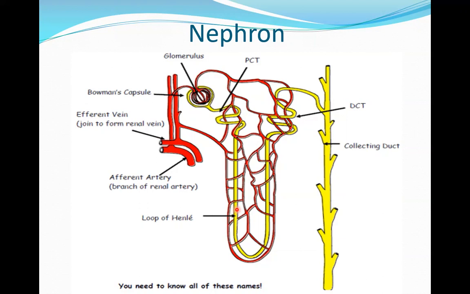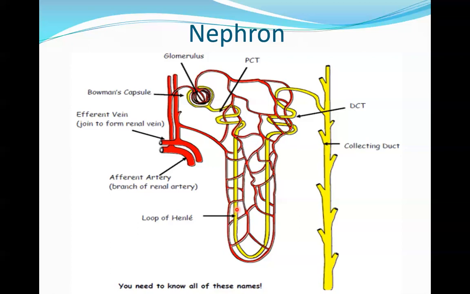Now, this efferent arteriole then goes down and it supplies the tubule, the proximal, the distal, and the loop of Henle, and finally it comes out as efferent veins after supplying the whole nephron. This is called one nephron, the whole nephron.